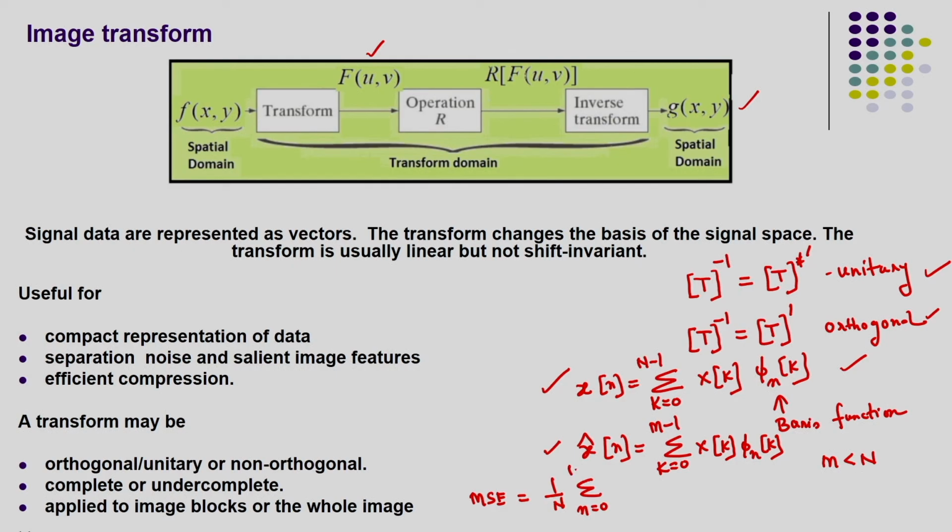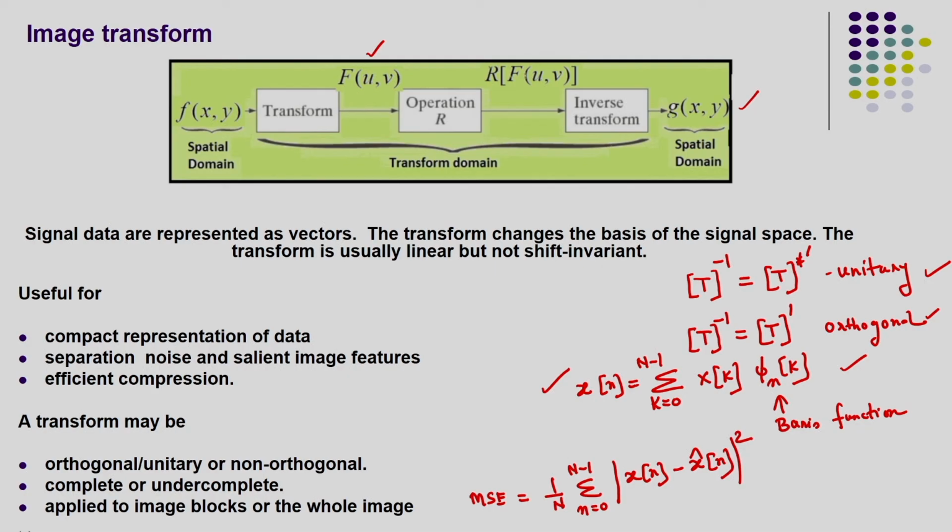In this case also I can determine the mean square error. So a transform may be complete or undercomplete. So you can understand this.